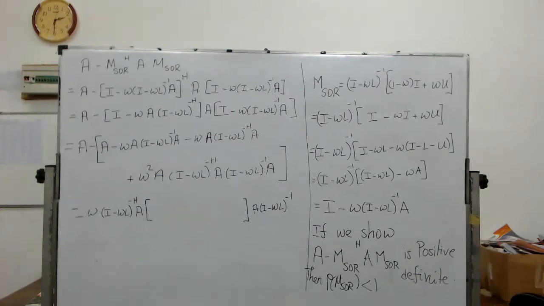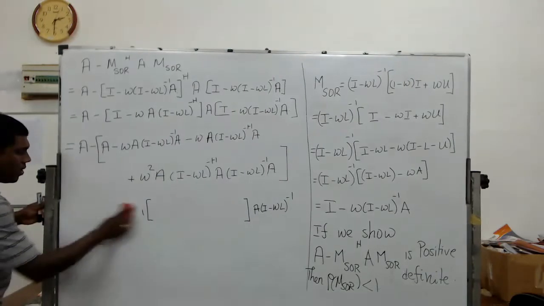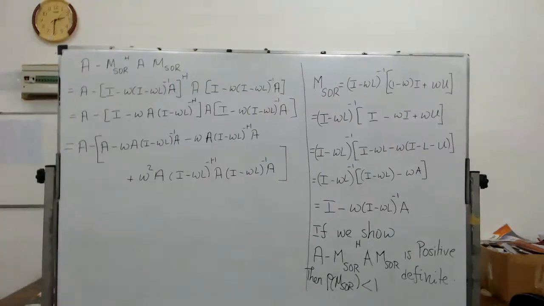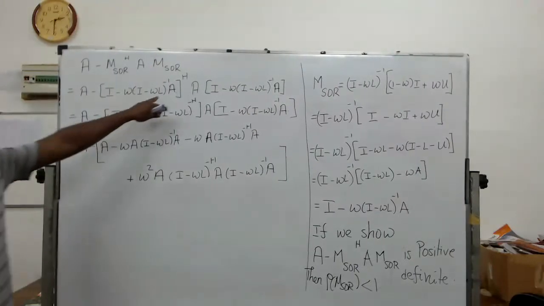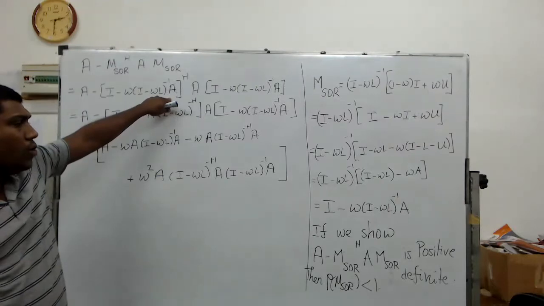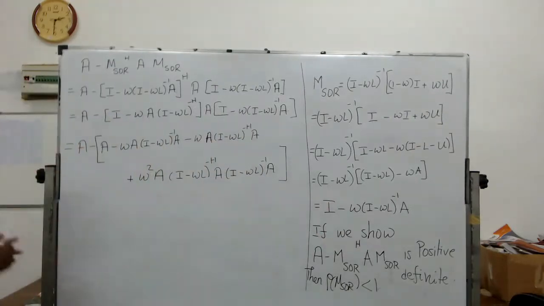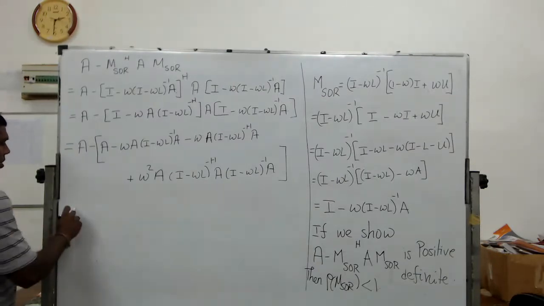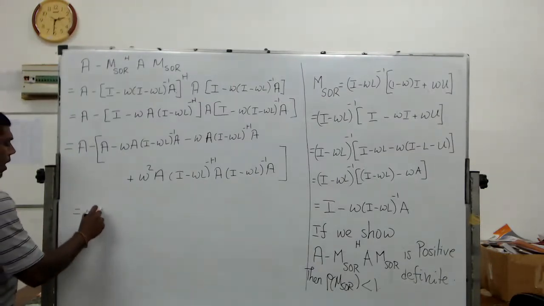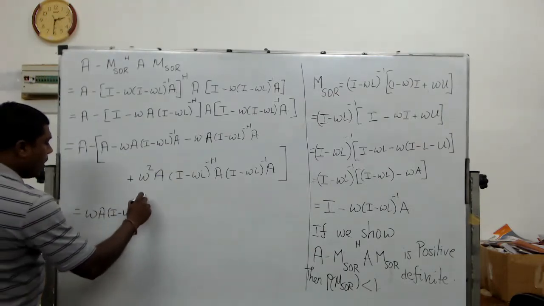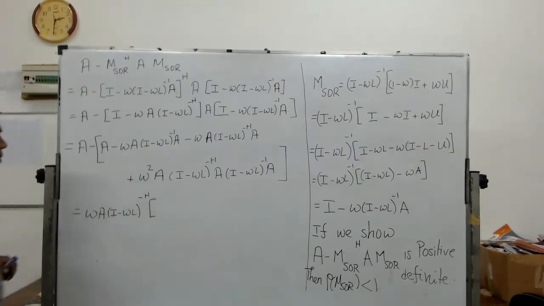Right? So what you do is you take out this. Okay? So this has to be A. Originally I wrote U, but it has to be A because this is A here. So now you can factor out omega A (I minus omega L) inverse Hermitian, right?